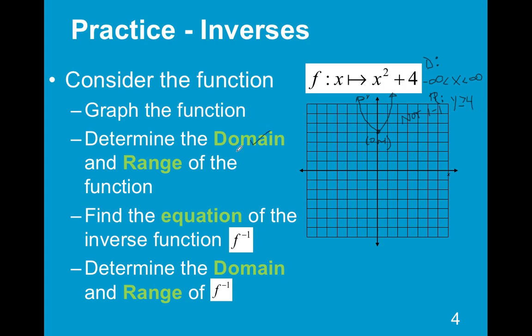So the domain and range of the original function, it's a parabola that opens up, so its domain is all real numbers, and its range goes from the vertex up. I'm going to skip this and go here. What is the domain and range of the inverse?